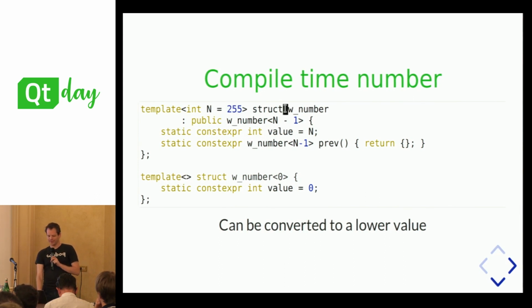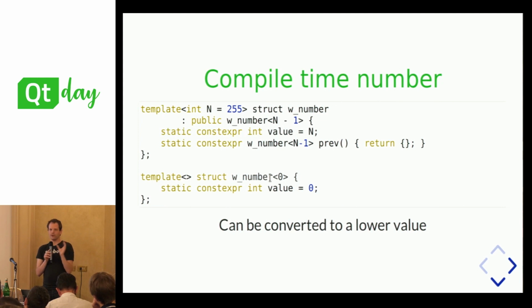This number inherits from the previous number. So the number n inherits from the number n minus 1. Of course, we have a special case for 0, so it doesn't go to infinity. So 0 does not inherit from the previous number, but what we have basically is a number that can be converted.